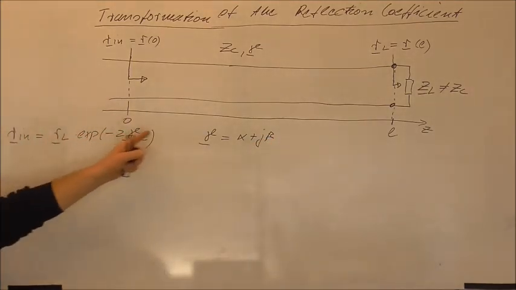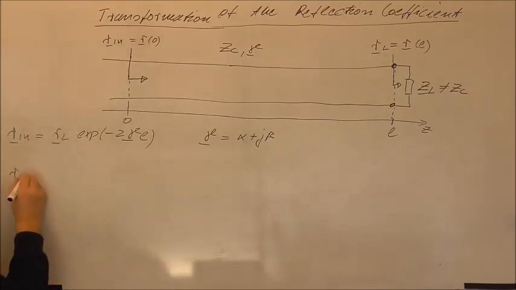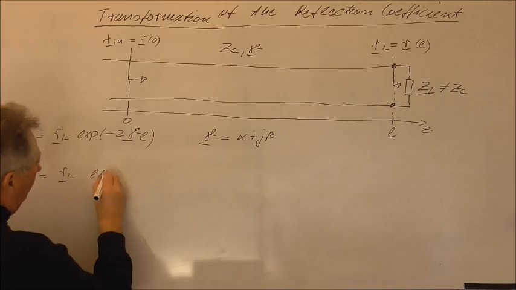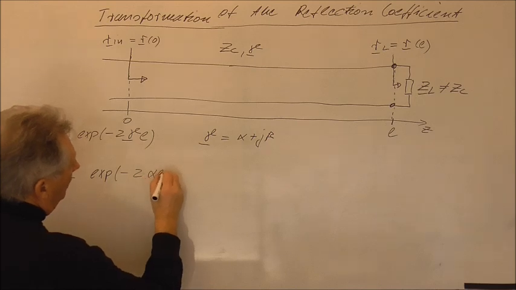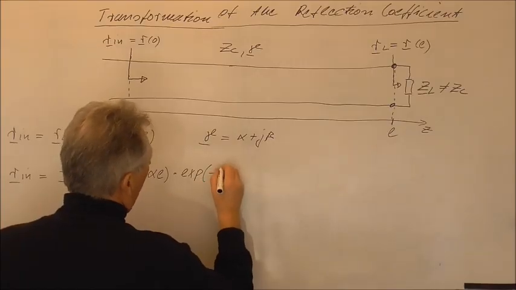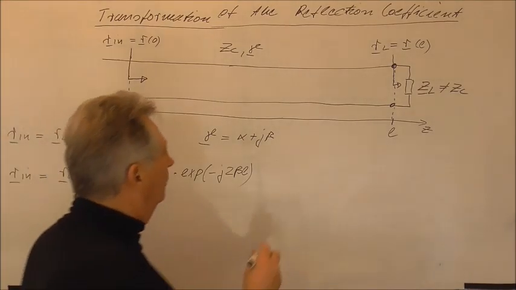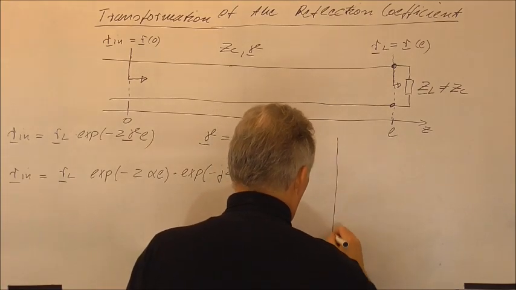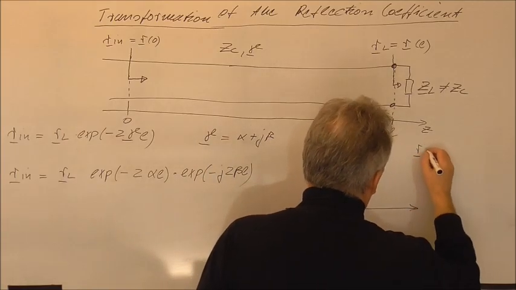Of course, we can split this expression into two terms, and we can see that we have Rin is equal to RL times the exponential function of minus 2 times alpha times L times the exponential function of minus j 2 times beta L. And I want to sketch the result of this equation in an R-plane.